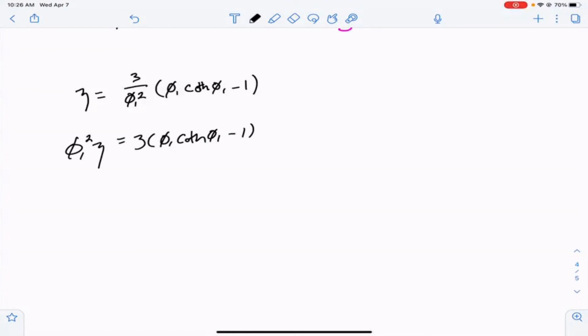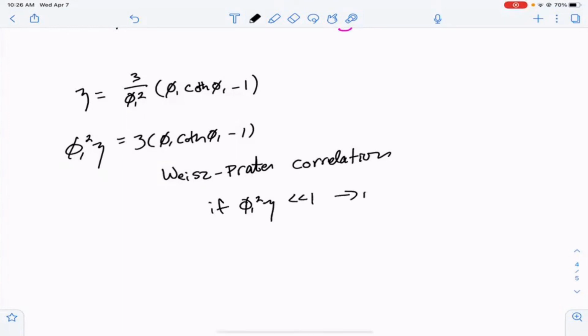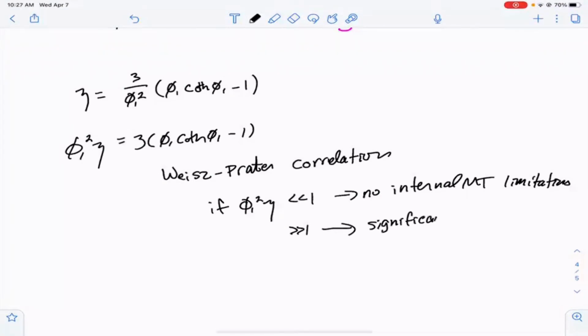And so in the book, they talk a little bit about the Weisz-Prater correlation. And what they say is that if this value of the Thiele modulus times the effectiveness factor is less than 1, you have no internal mass transport limitations. But if that value is much greater than 1, you have what they call significant mass transport limitations.